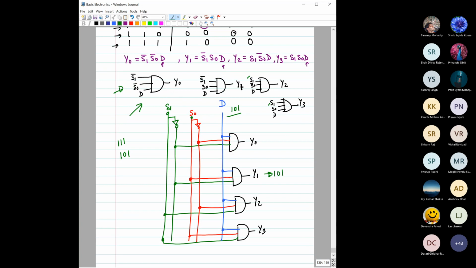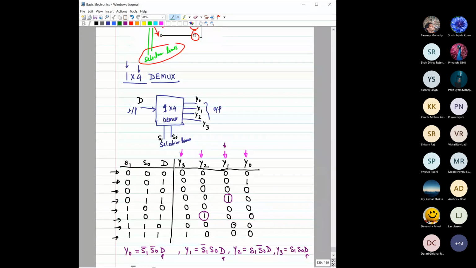The selection lines are in your hand only. So you give the values here. For example, if you give the value 10, then Y2 will be selected, and whatever data you are passing here will be passed to Y2. And data means not only one bit, because it can be a sequence of data, right?